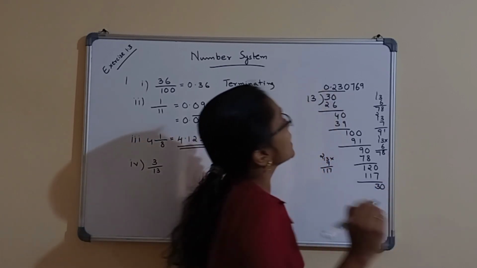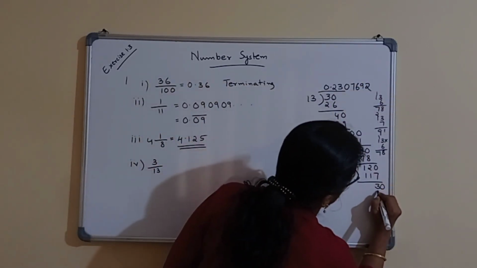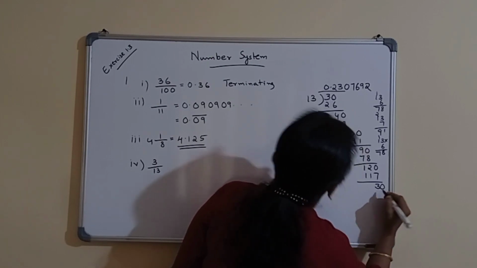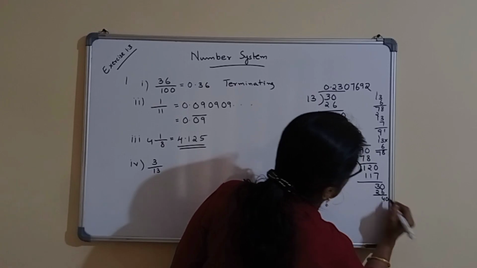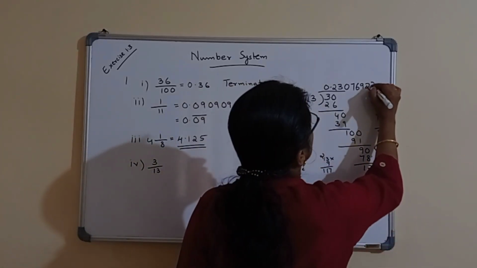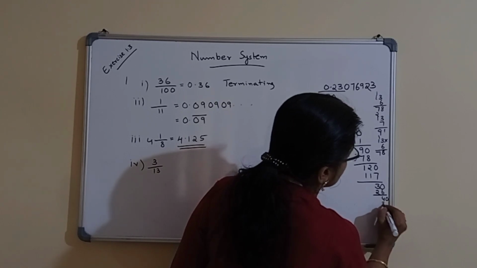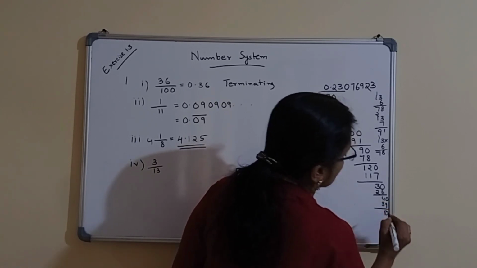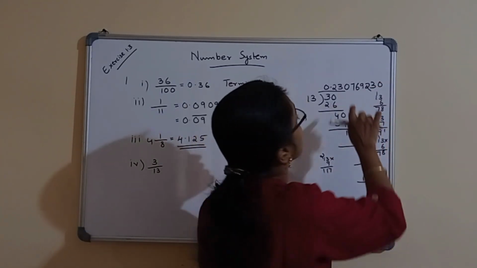Now 30. In 30, 13 will go 2 times, 2 into 13 is 26. Then in 40, 13 will go 3 times, 39. Then 1 remainder. In 10 it will go 0 times. So it will repeat.